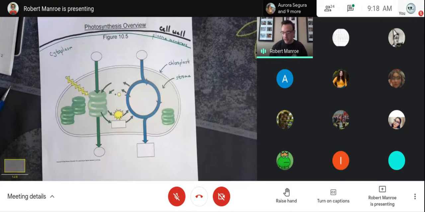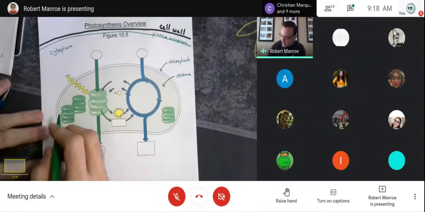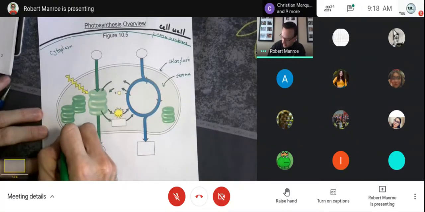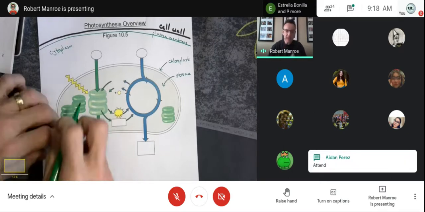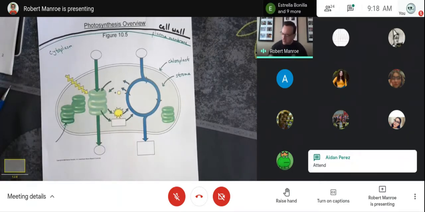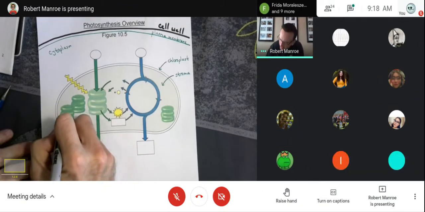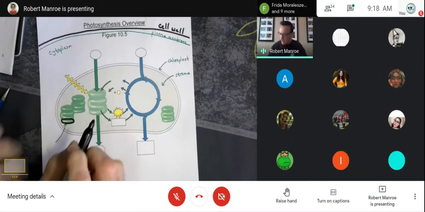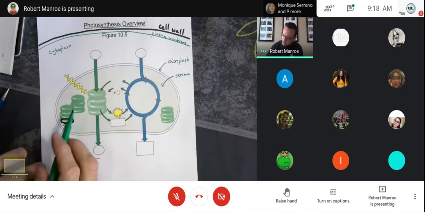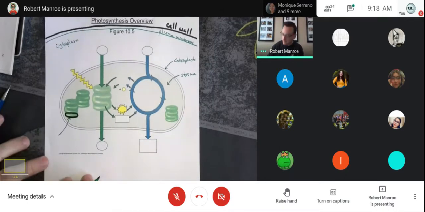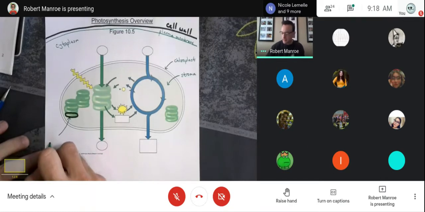Okay. Well, if that's the stroma, then we have these individual membranes here, like such. I'll go ahead and put that on as black. So what about this individual bag here? Odd term. What is this term for the individual bag here? Thylakoid.